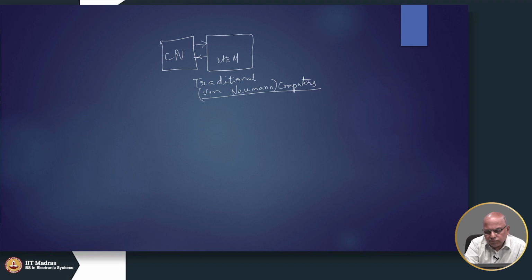But for applications which I mentioned, like neural nets and so on, it may be better to use a slightly different architecture, and this in-memory computing is one such architecture where the bottleneck between the CPU and memory is being addressed by embedding computing inside the memory.